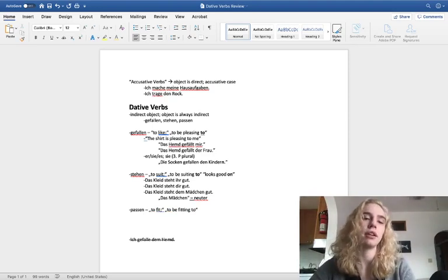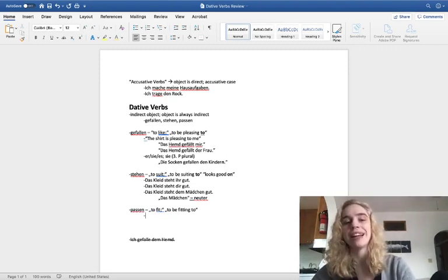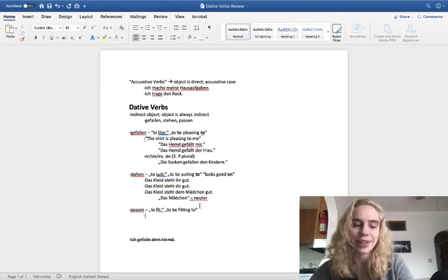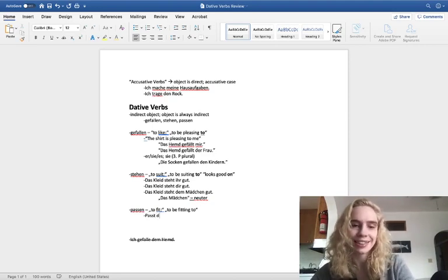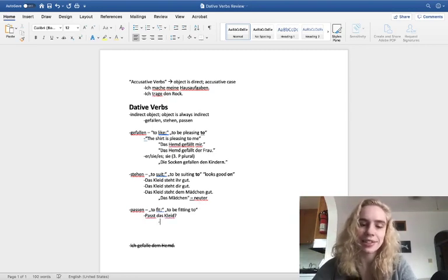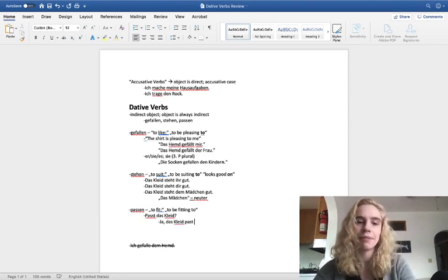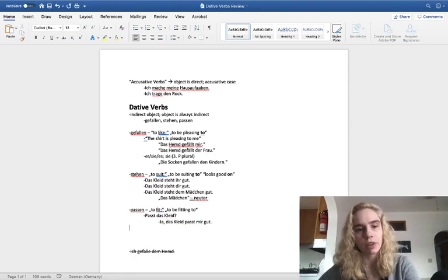So this is like the clothing fits you, like maybe it's too big, maybe it's too small, or maybe it's just right. Maybe it passt. So I can say, someone's asking, passt das Kleid? And I can answer, ja, das Kleid passt mir gut. So it fits me well.